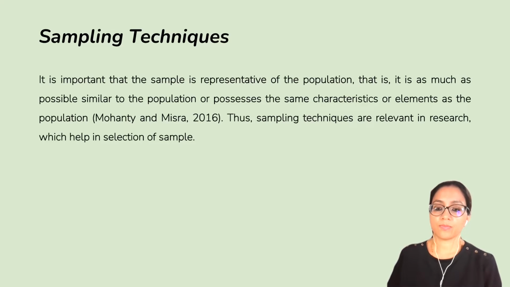For sampling, there are several sampling techniques available. Let us study what those sampling techniques are. It is important that a sample is representative of the population. What do we mean by representative of the population? That is, it is as much as possible similar to the population, or possesses the same characteristics or elements as the population.